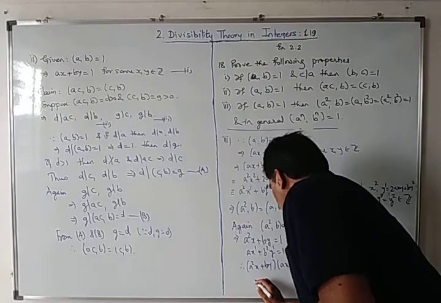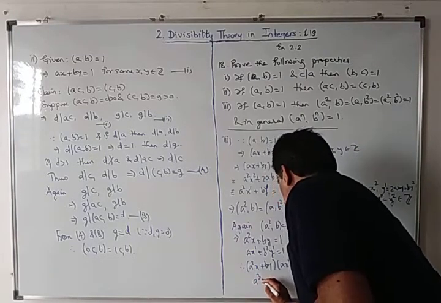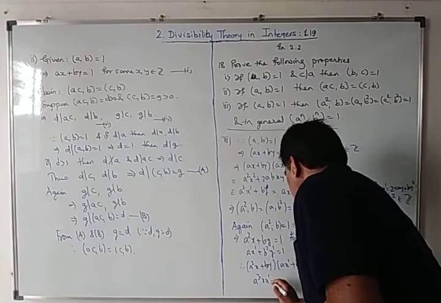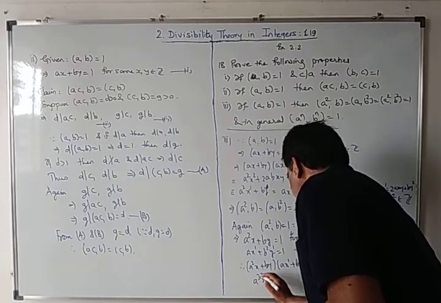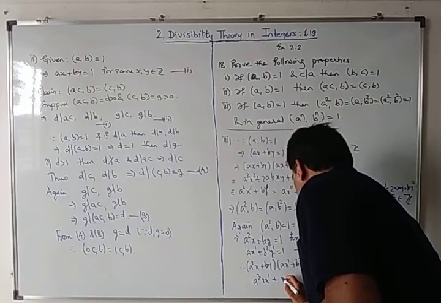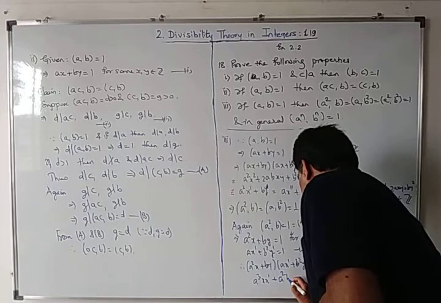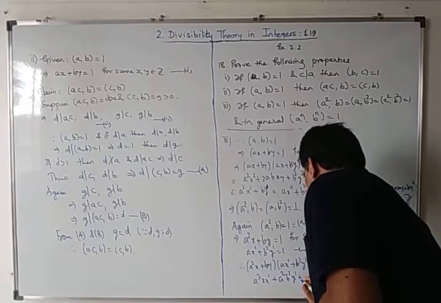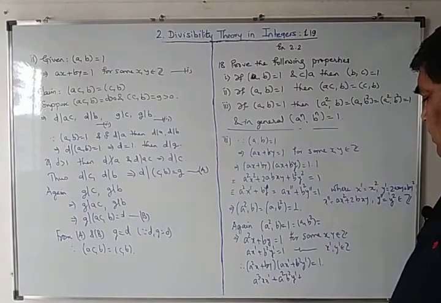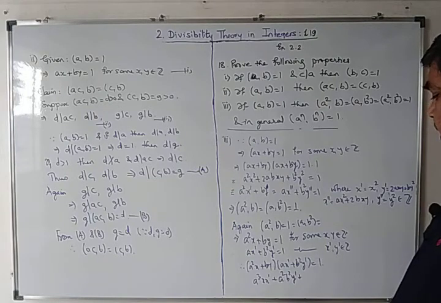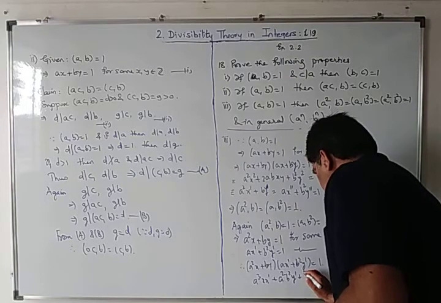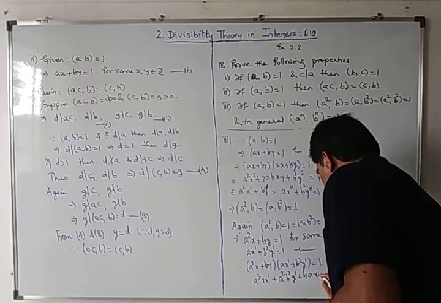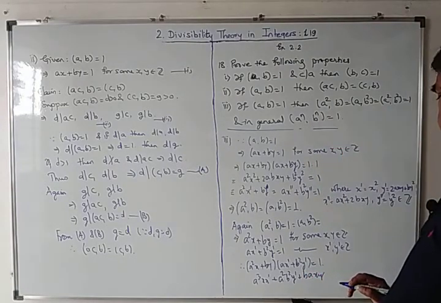So we'll get a cube x dash plus a square b square y dash plus baxy.